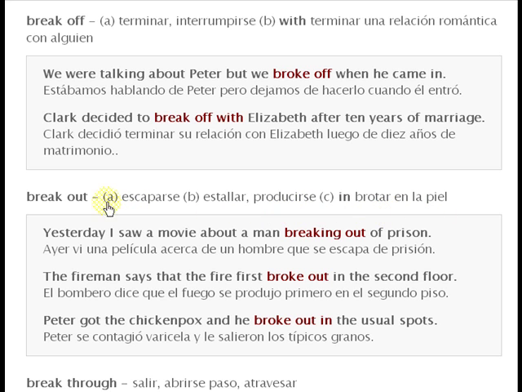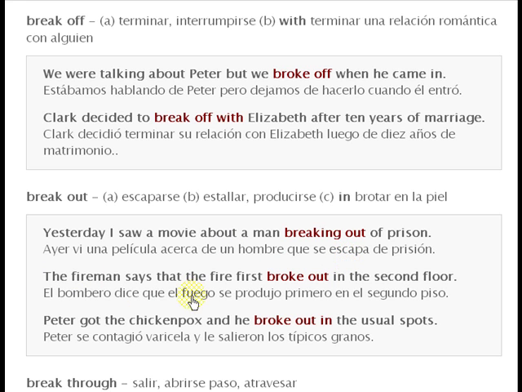We have A, escaparse, B, estallar, and here we have the word in brota en la tierra, okay? Yesterday I saw a movie about a man breaking out of prison. As you can see here, they use the word escape.